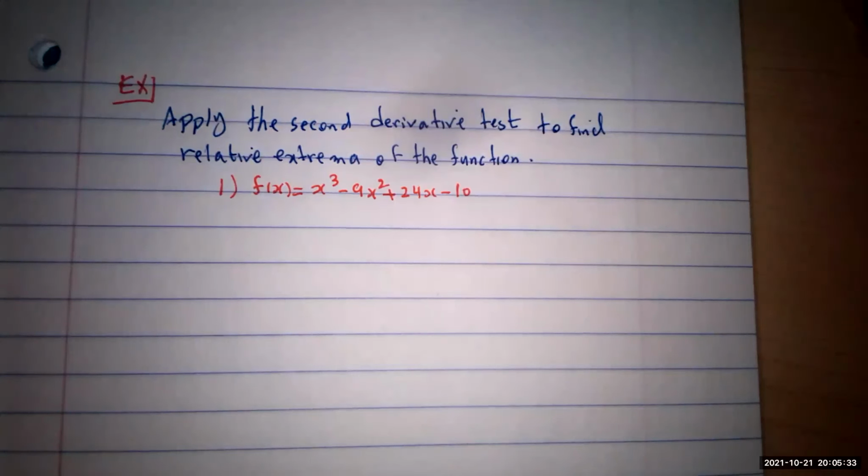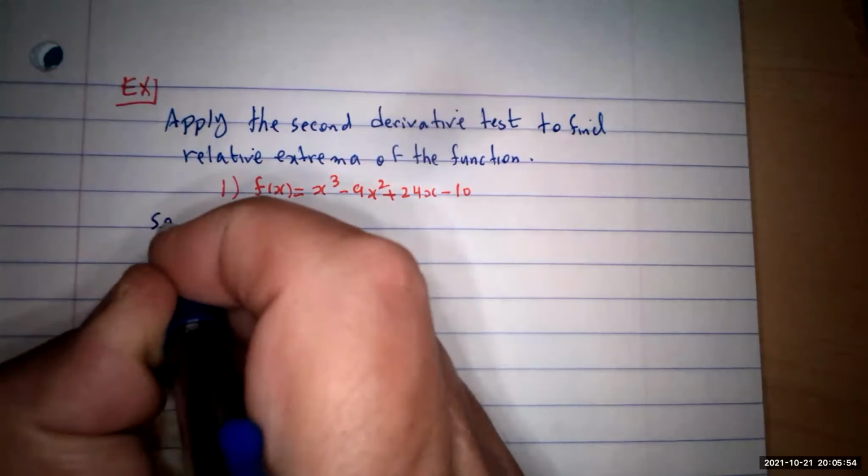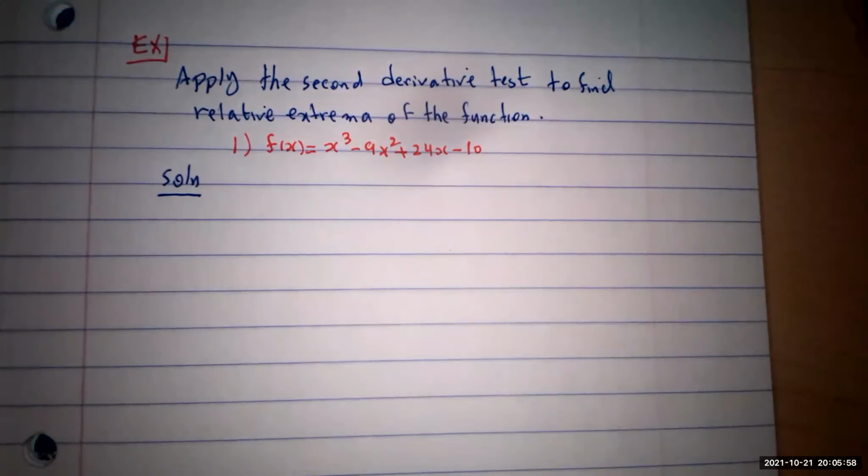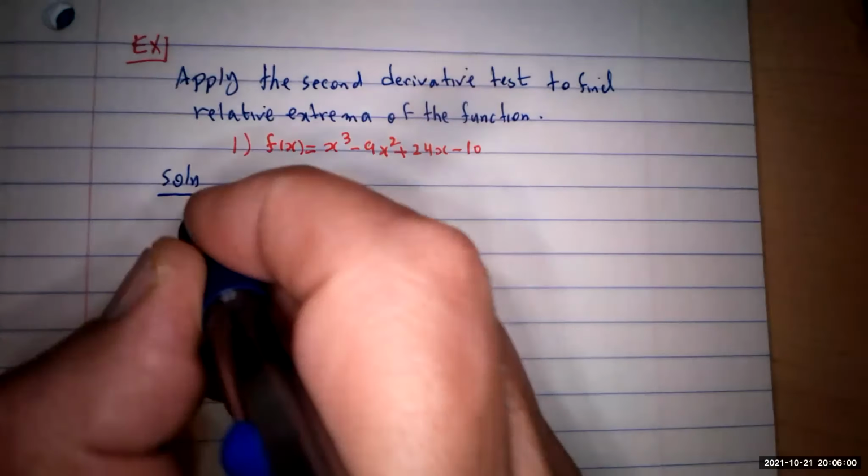You find the critical values, you drop them back into the function to get the candidates, then you have to test them. In general, you have two choices, the first derivative and the second, but in this case they give you the second, so you have to apply the second one. What is going to be the solution? Domain first, remember. It's a polynomial, so the domain is all real numbers.